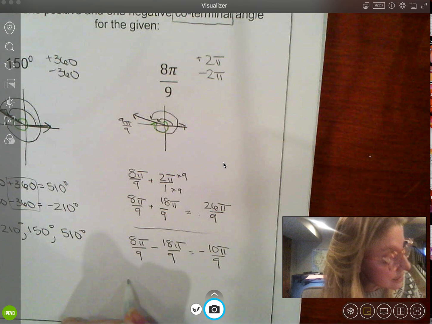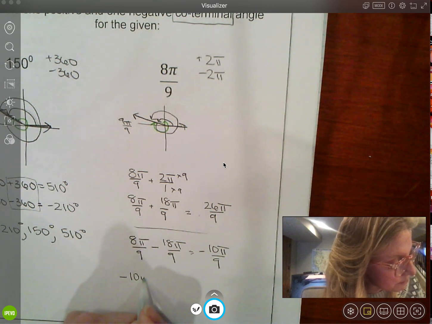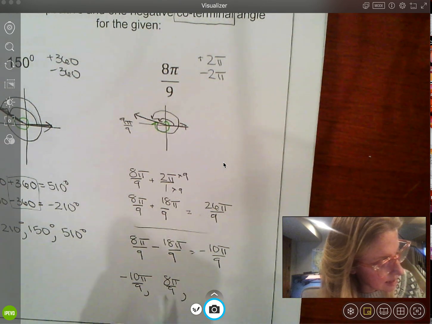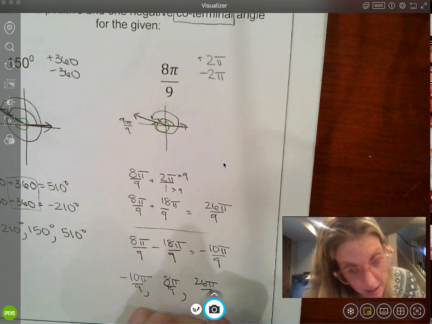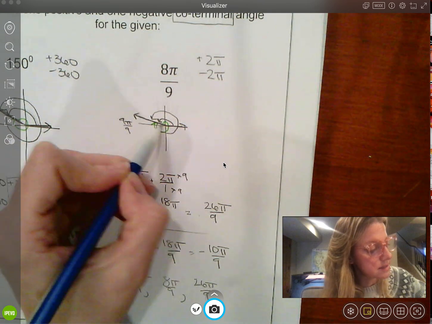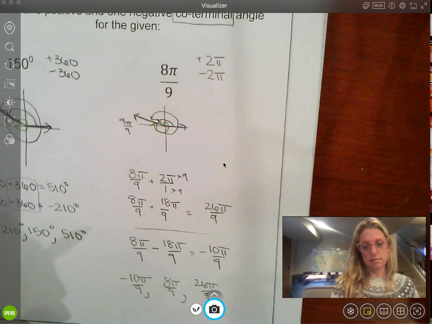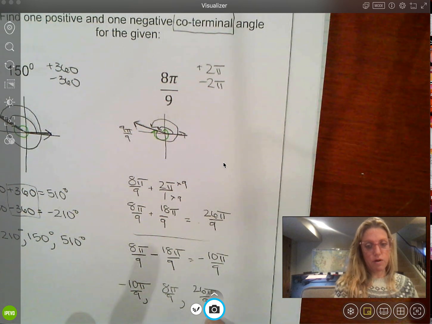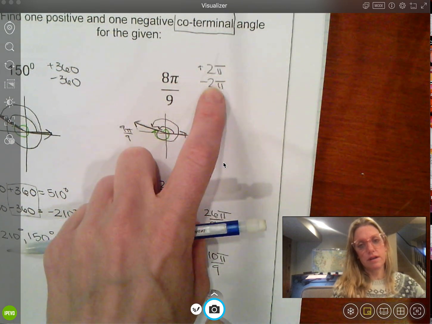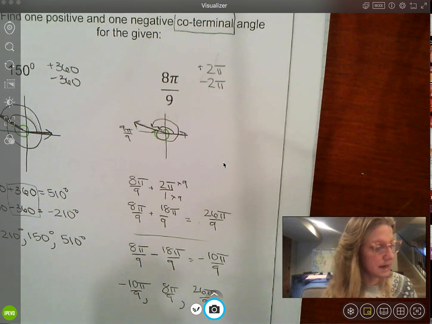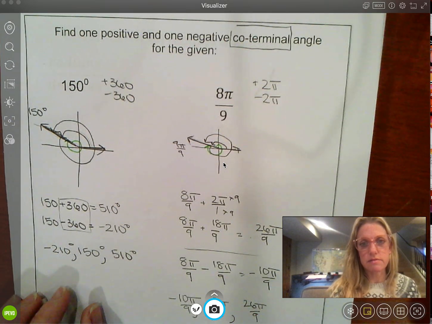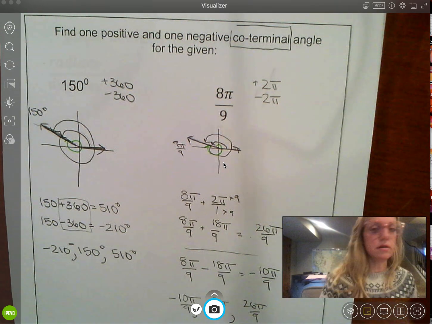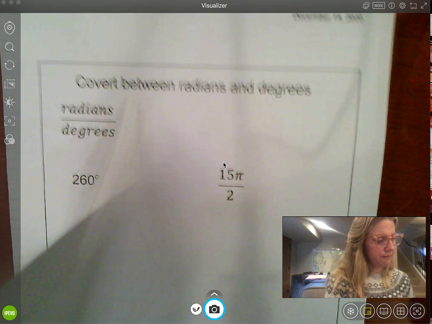So what that's saying is that negative 10 pi over 9, a positive 8 pi over 9, and a positive 26 pi over 9 all have that same ending coterminal side. All right, and they ask for one positive and one negative. I got one positive by adding 2 pi, one negative by subtracting 2 pi. So that is something I think you guys should be able to handle just fine if they're asking for coterminal angles, one positive, one negative.